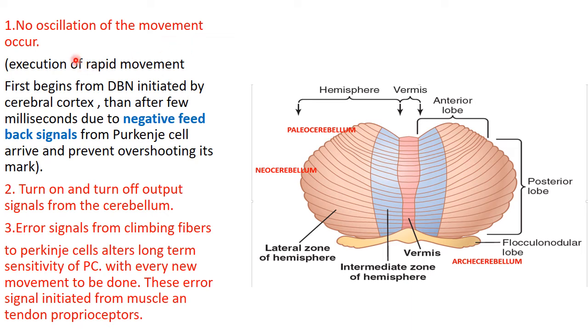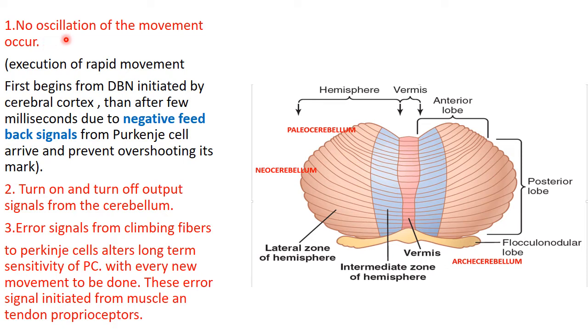When we do the movement of the muscle, you will not see any oscillation normally, because there is always a damping effect generated in the cerebellum, and it prevents overshooting or undershooting its mark.